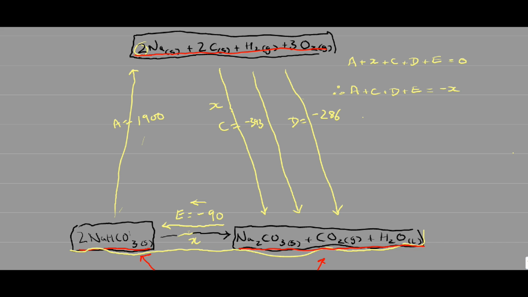Let's put numbers in. 1900 plus minus 393 plus minus 286 plus minus 90 equals minus x.